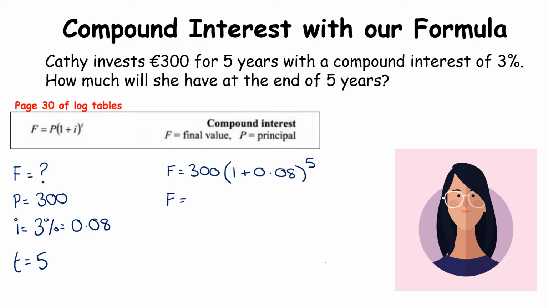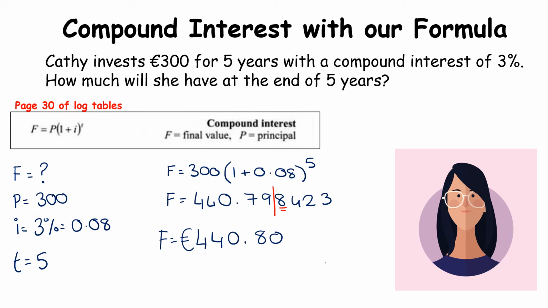And when you do that, we end up with €440.798423. This is cent, so we're going to round it after 2 decimal places. The next number after the 2 decimal places is 8, which means we round up. So we get 440.80. So that's how much Kathy will have in her account in 5 years' time.